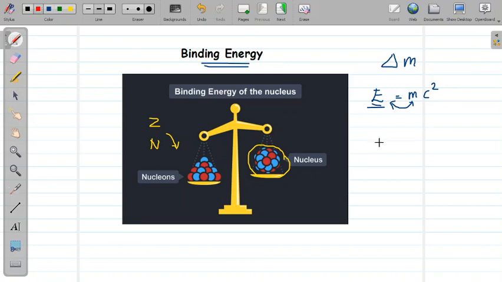So I can write delta E equal to delta M, which is the lost mass here, into C square. So if delta M is the mass lost when a nucleus is formed, then the energy liberated will be delta M into C square, which is equal to delta E.